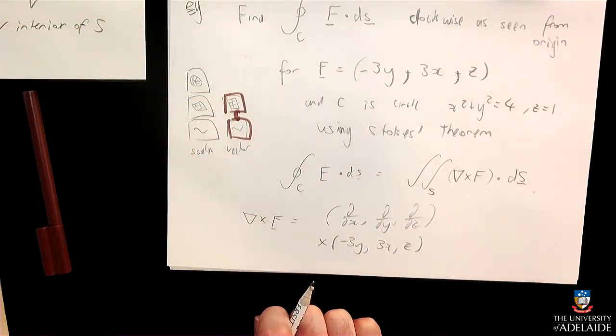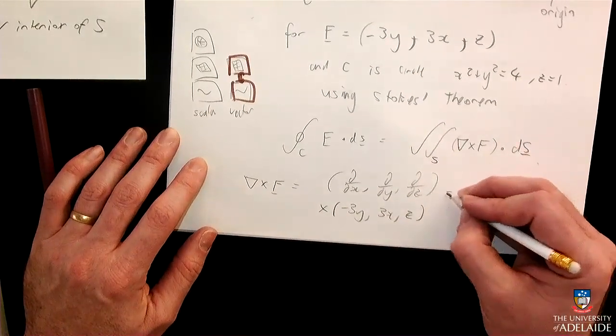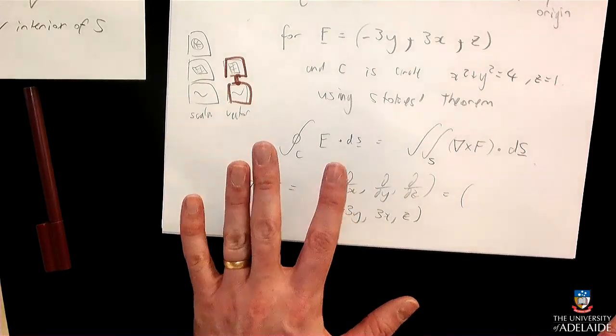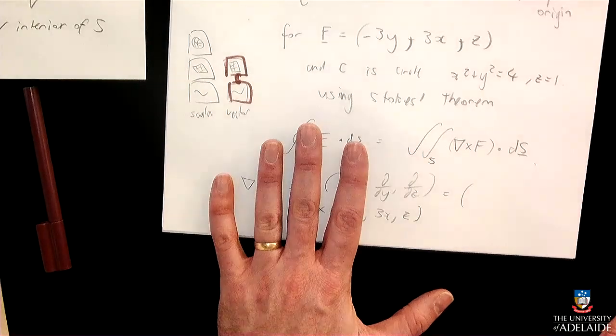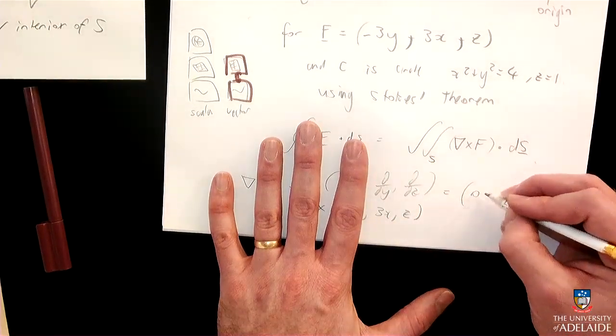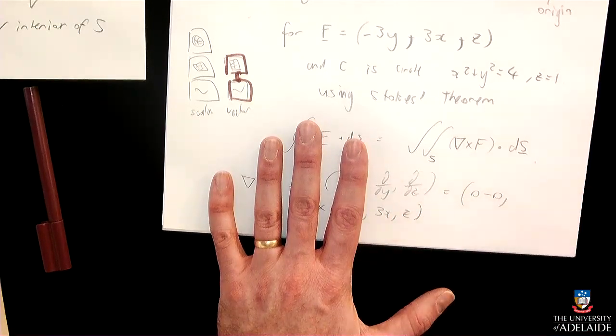Minus 3y, 3x, and z. Okay. So let's see. Doing the cross product, we're going to get d/dy of z, which is 0, minus d/dz of 3x, which is 0.